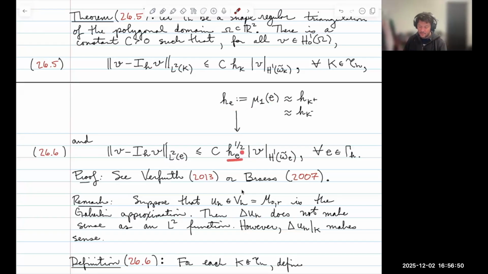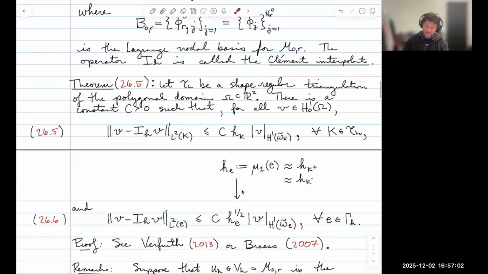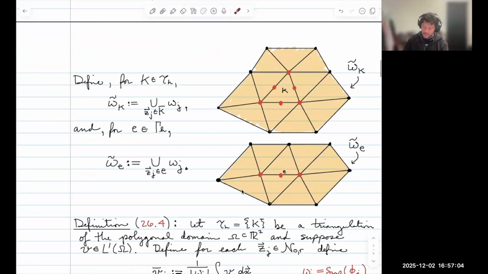But again, it's not over just the set E; you have to expand it to omega E tilde. For this particular edge right here, omega E tilde is all of the triangles that surround that edge, basically all the triangles that touch that edge.